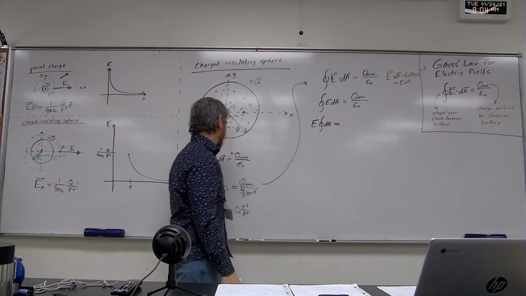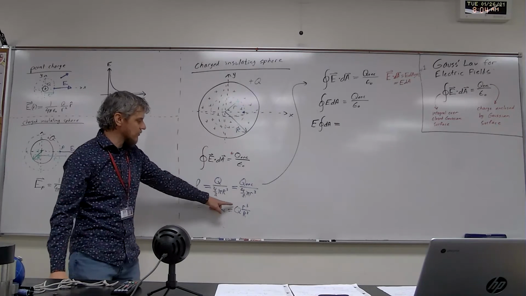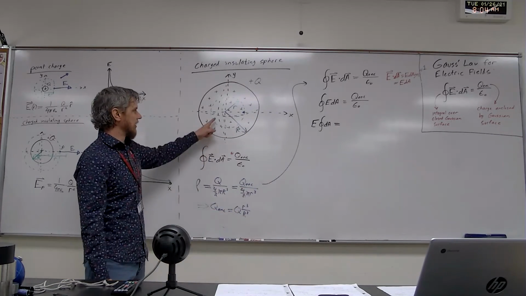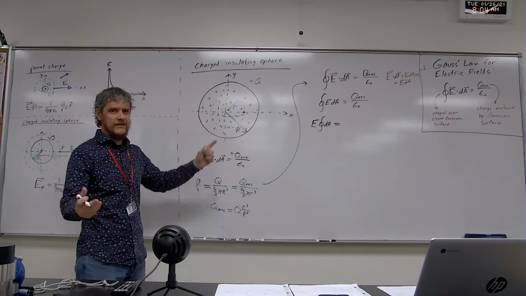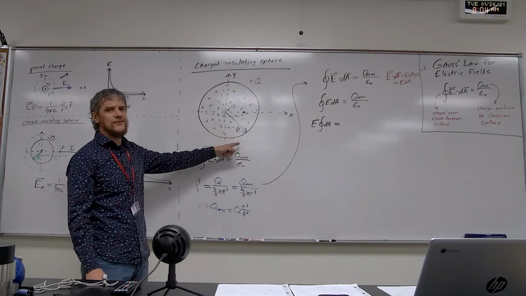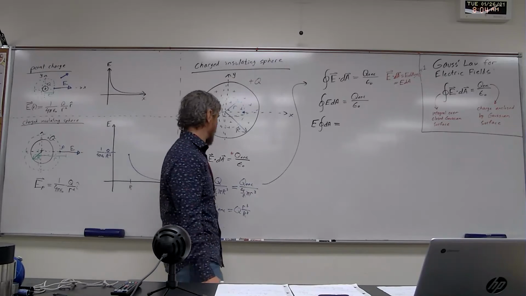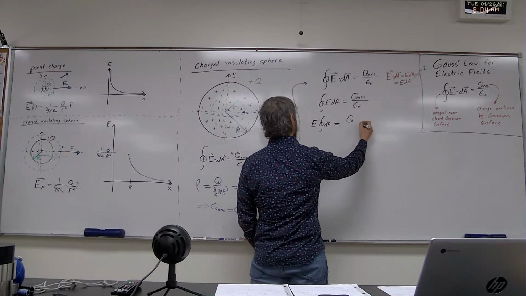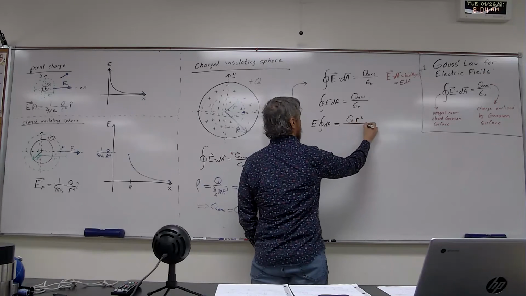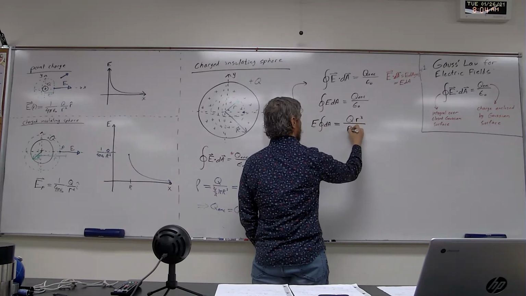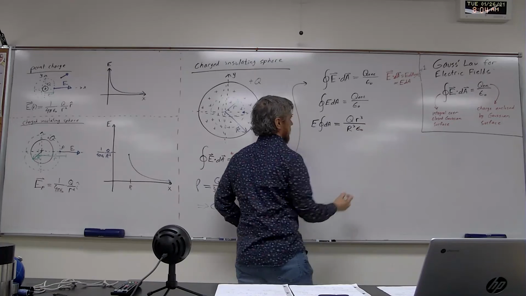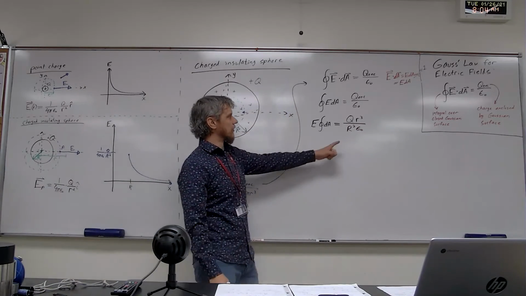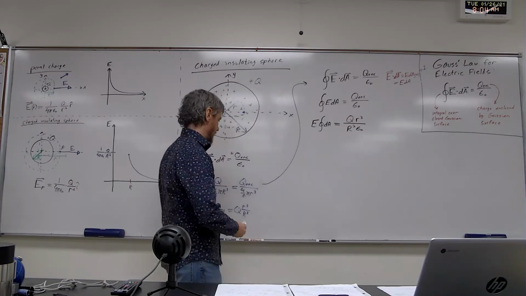That's going to equal my enclosed charge, which is Q, the total charge, times the ratio of the Gaussian surface radius to the radius of the insulating sphere itself. And when I do that, I will get Q times little r cubed over big R cubed times epsilon naught. So I've just substituted this in for my enclosed charge.